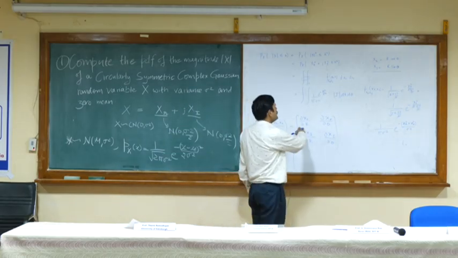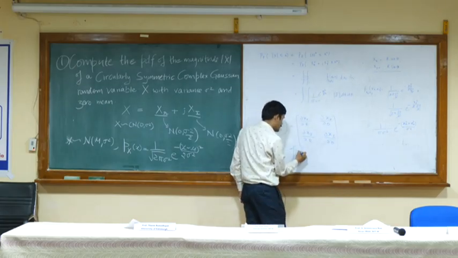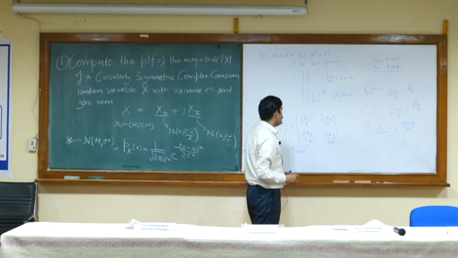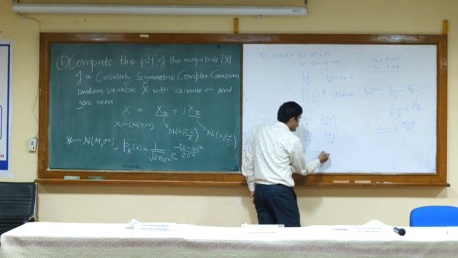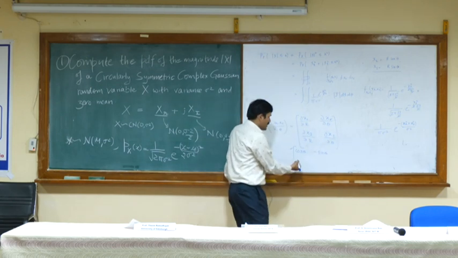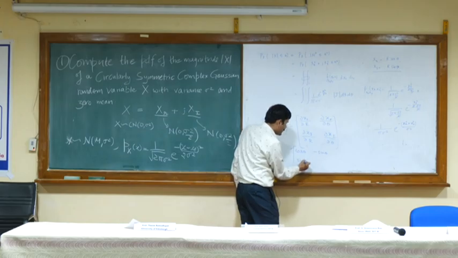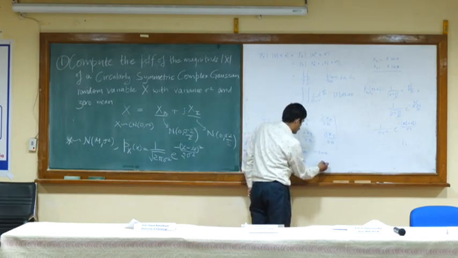So del xr divided by del r, I will get cos theta. And del xr divided by del theta, I will get minus sin theta. And then what will I get here? Del xi divided by del r, that is sin theta, and this I will get cos theta.